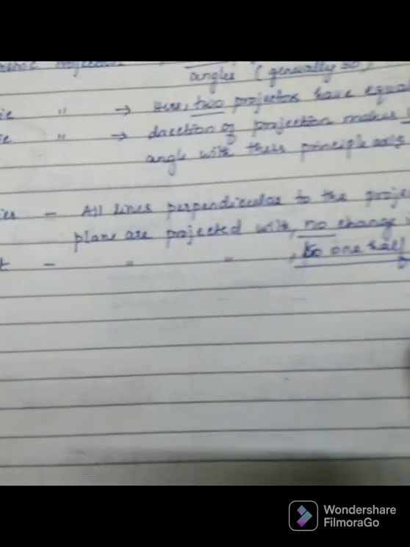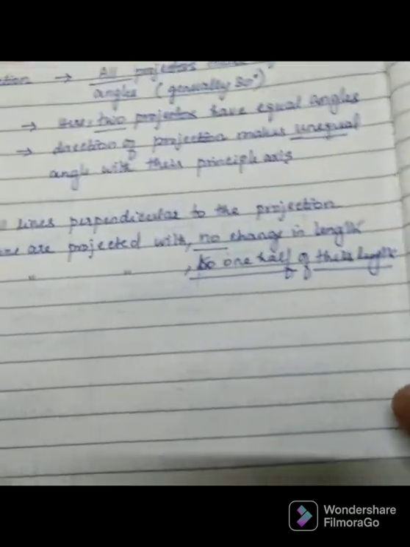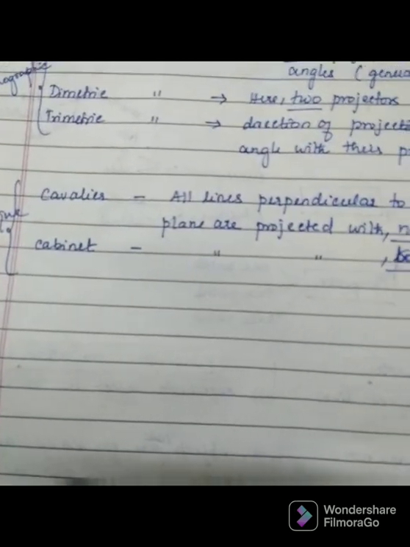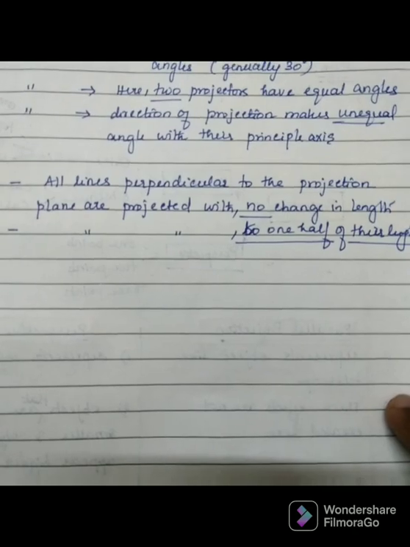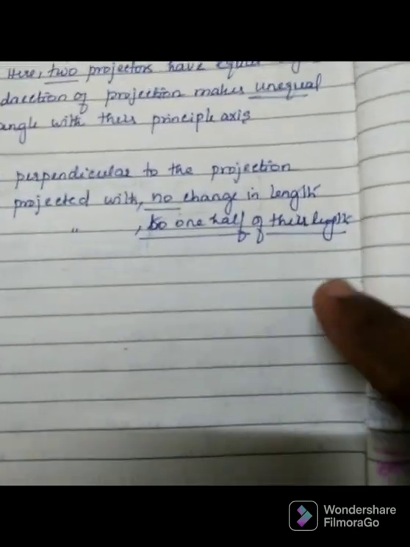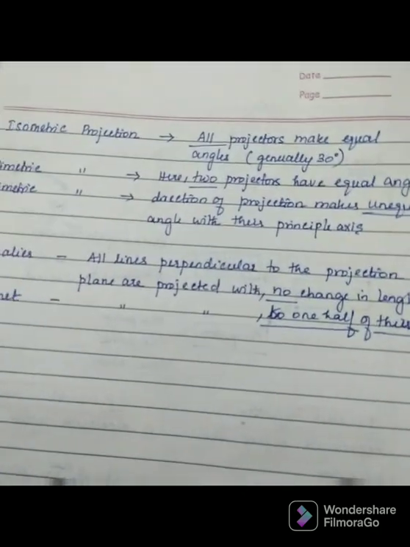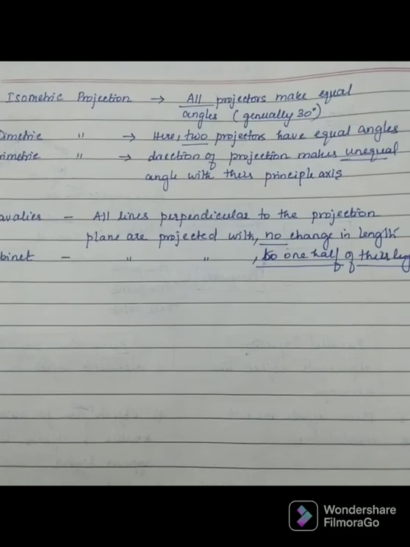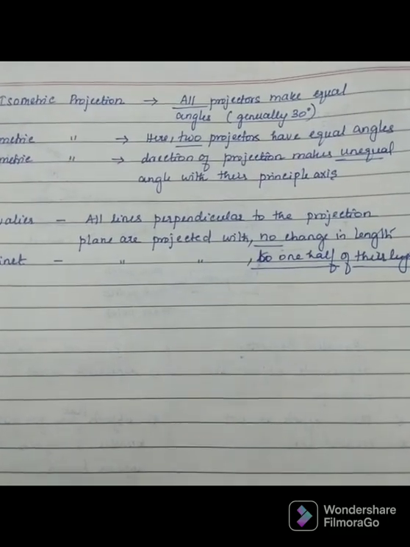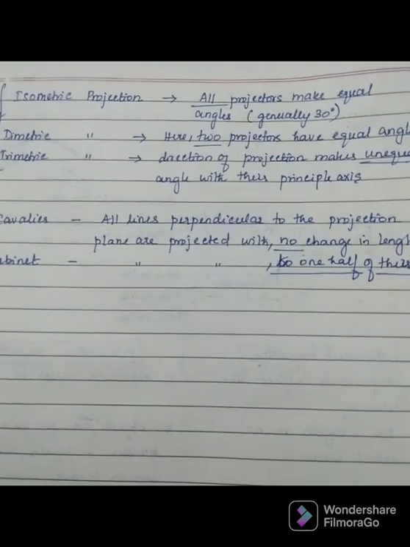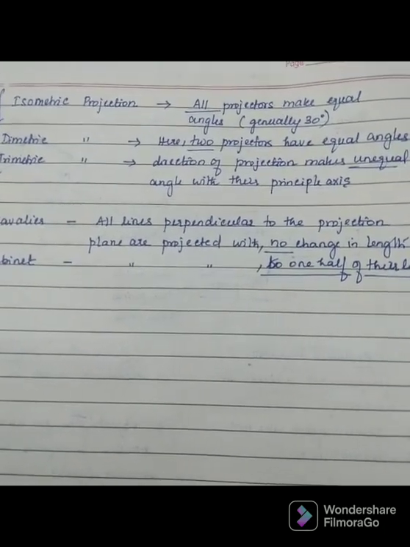Cavalier projection, all lines perpendicular to the projection plane are projected with no change in length, whereas in cabinet, all lines perpendicular to the projection plane are projected to 1/2 of their length. In cavalier, the length of the receding axis is larger than cabinet.